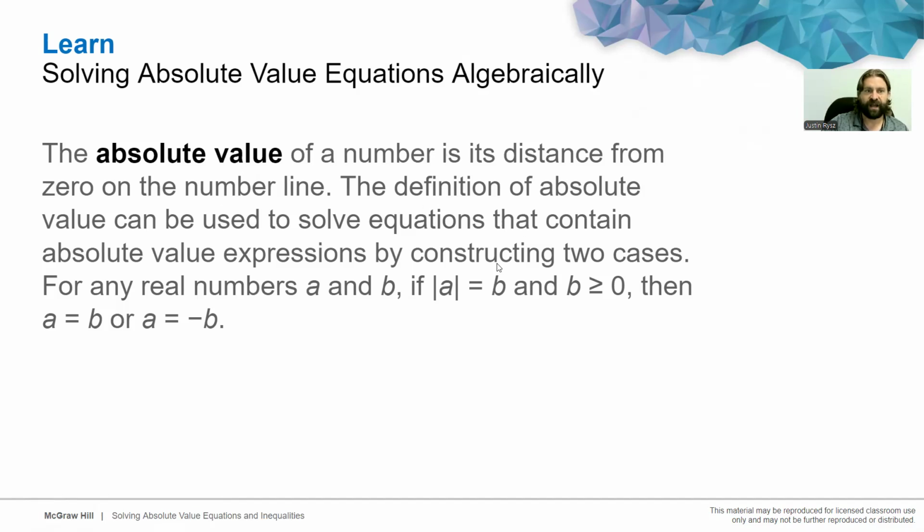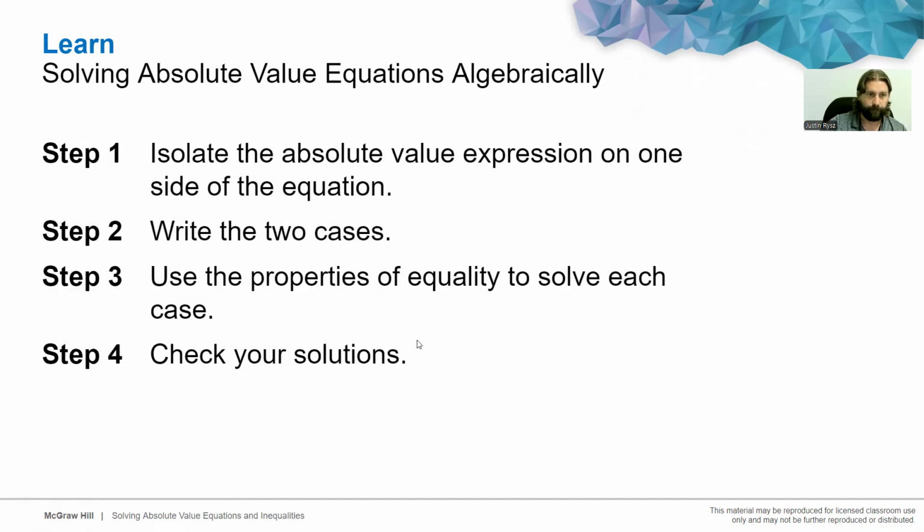So the definition of an absolute value can be used to solve equations that contain absolute value expressions by constructing two cases. Basically, for any real numbers a and b, if the absolute value of a is equal to b, then b has to be greater than or equal to 0, so b is a positive number. Then a equals b or a equals negative b. So we get a positive and negative version of the answers.